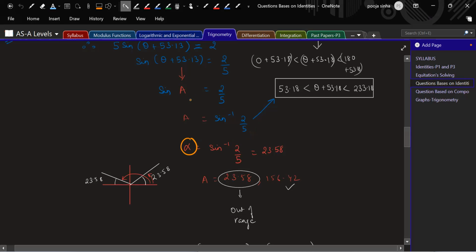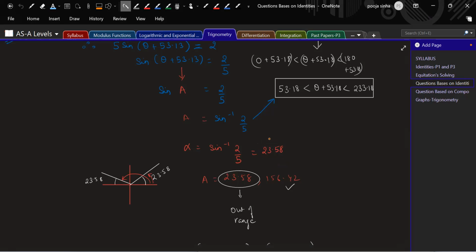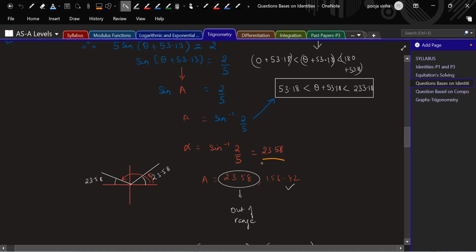Right? So now we first find the base angle. This alpha means the base angle. So instead of finding A, we are finding the base angle first. So that calculation you have to show with sine inverse of 2/5, your base angle comes out to be 23.58. Okay? 23.58, which means either it is this one or this one.